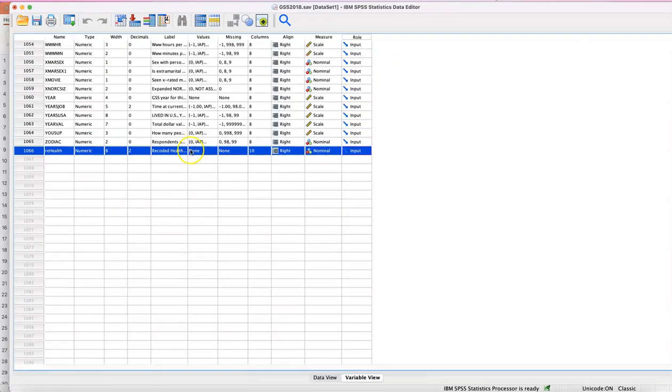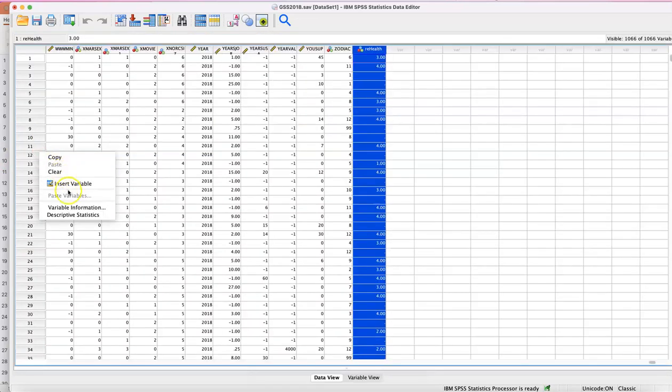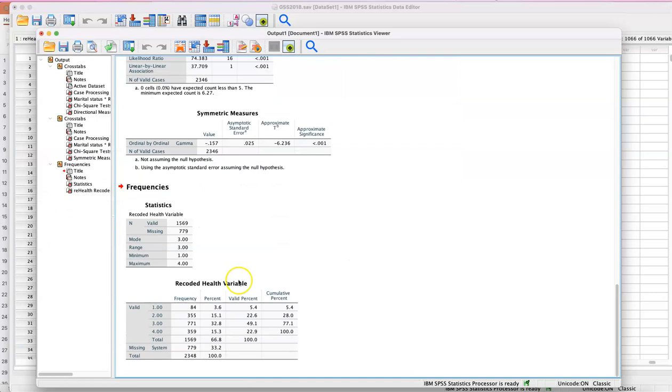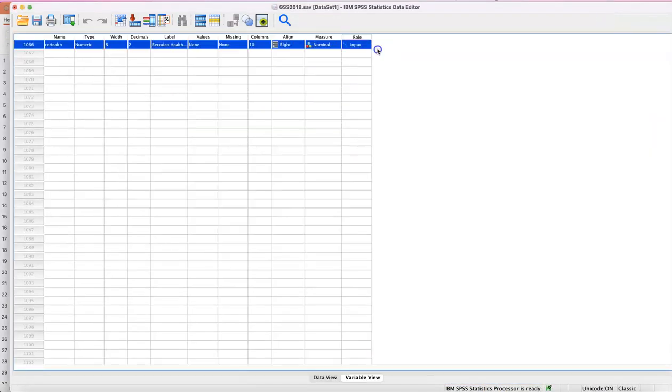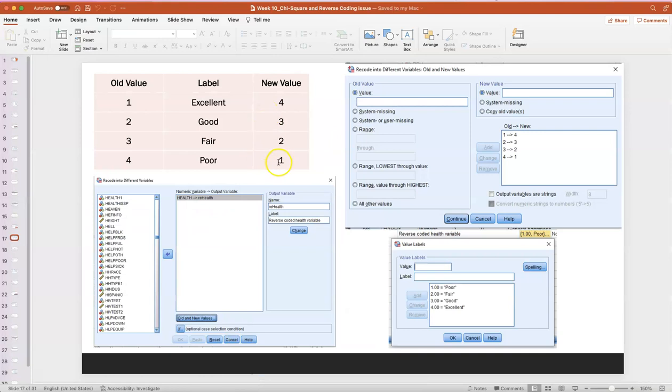Going back, the recoded health variable, the descriptive statistics. If we do not provide the labels, it just shows 1, 2, 3, 4 without any information. So we will need to go to the values.